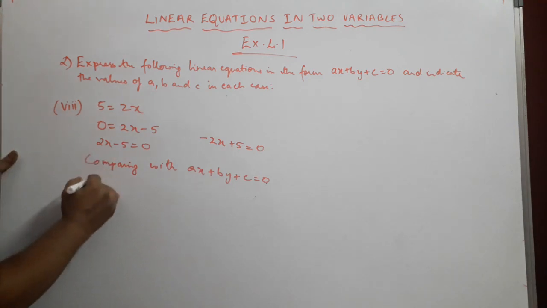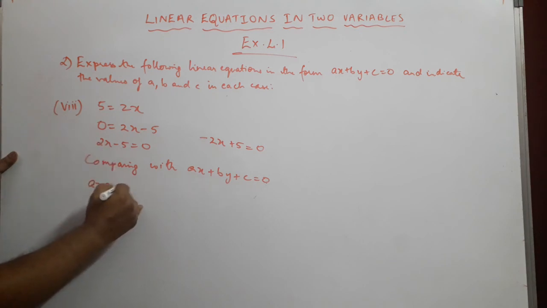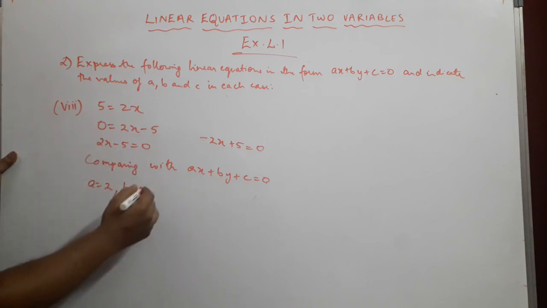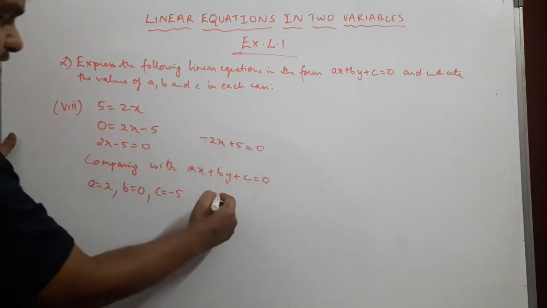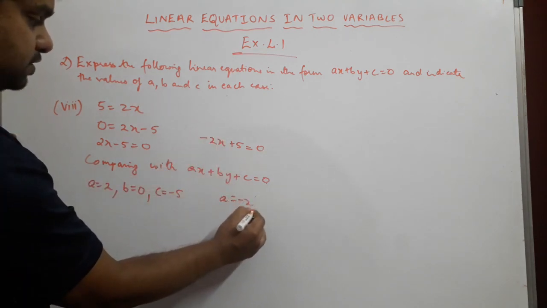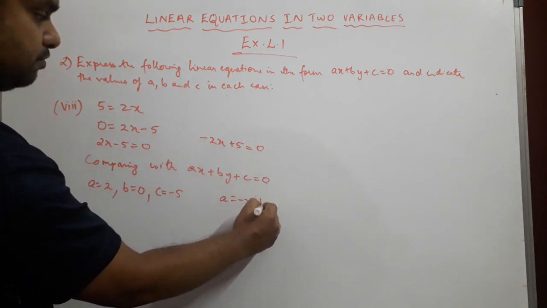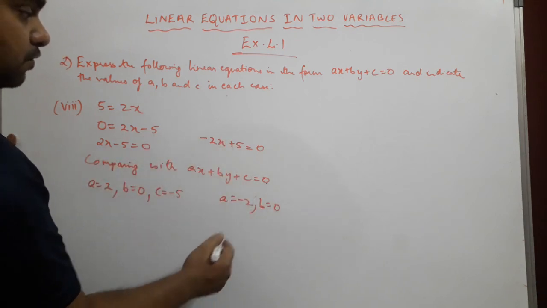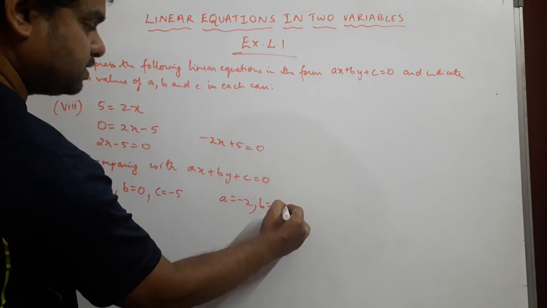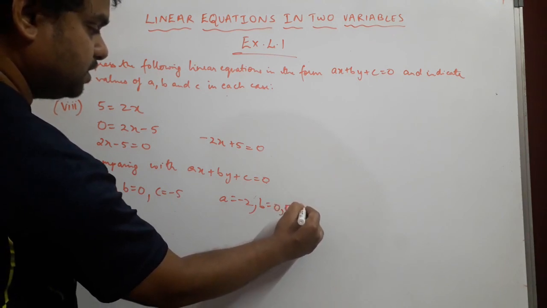Here we get a equal to positive 2, then b will be 0 because there is no y variable out here, and c will be minus 5. Whereas in this case a will be minus 2, b will be 0, that remains constant for both because there is no y variable, and c will be positive 5.